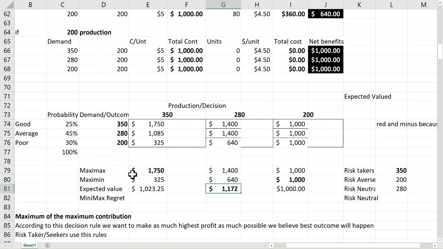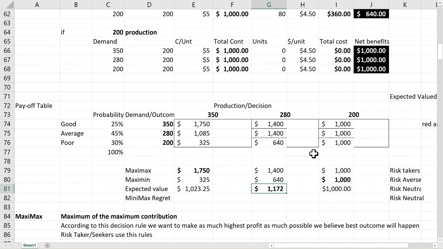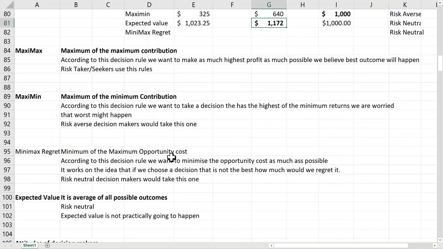And next we have Minimax Regret. So Minimax Regret looks at the regret. So we want to minimize the regret. So minimum of the maximum opportunity cost. So regret is opportunity cost. Opportunity cost is when we have chosen one alternative over another.